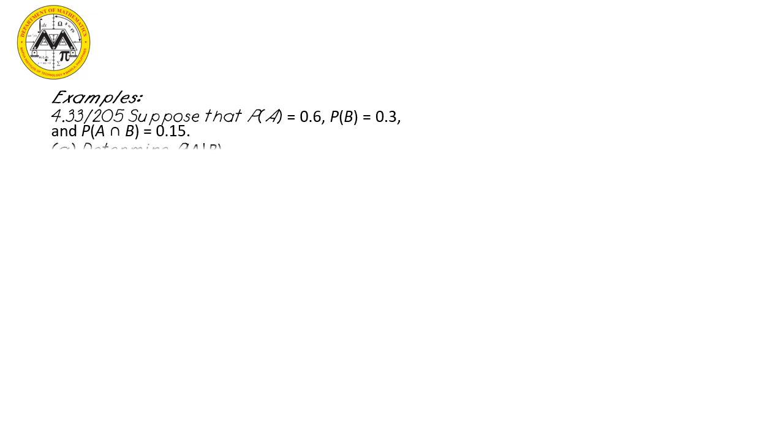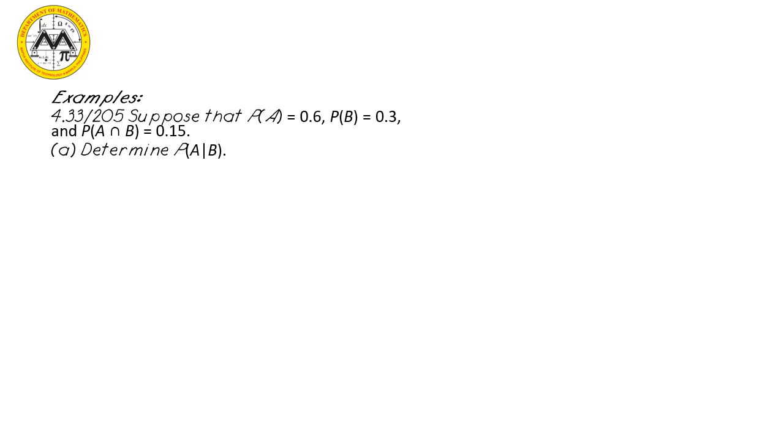Next example. Suppose that P of A is 0.6 and P of B is 0.3, and the probability of A intersection B is 0.15.